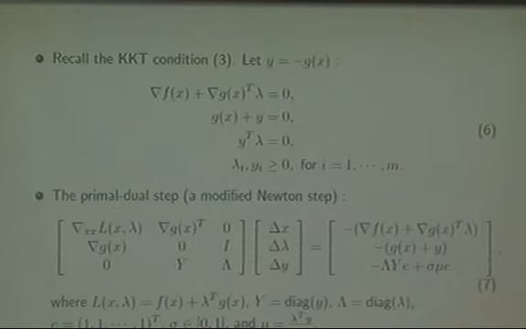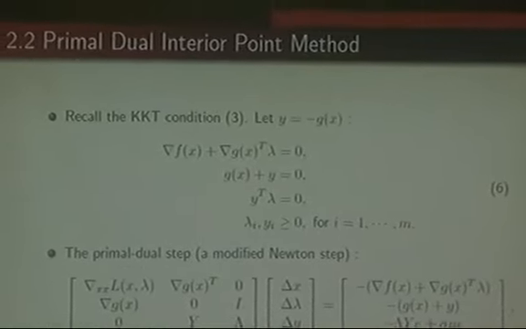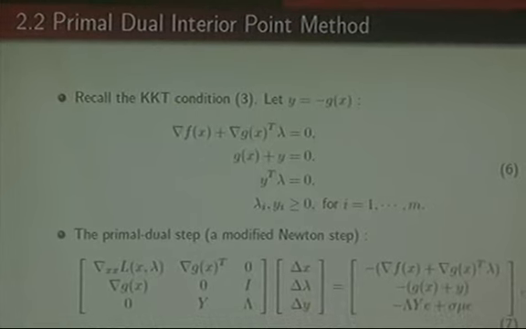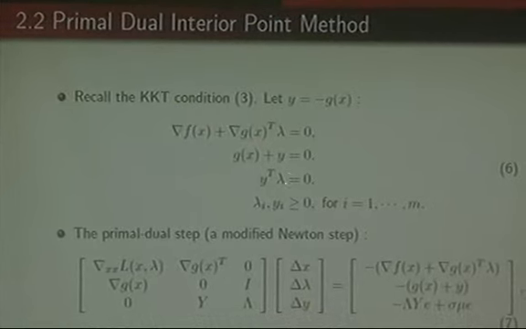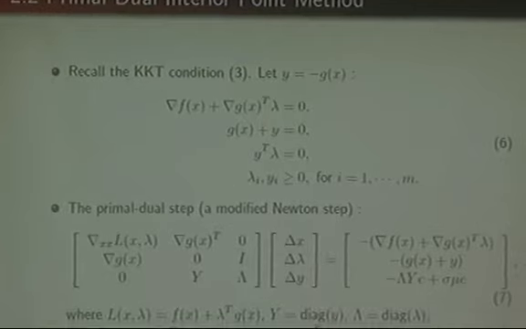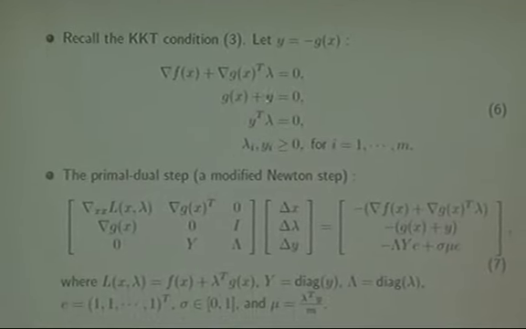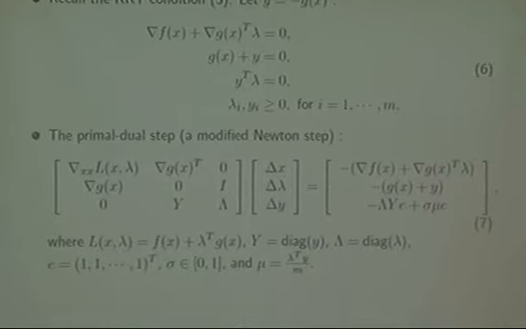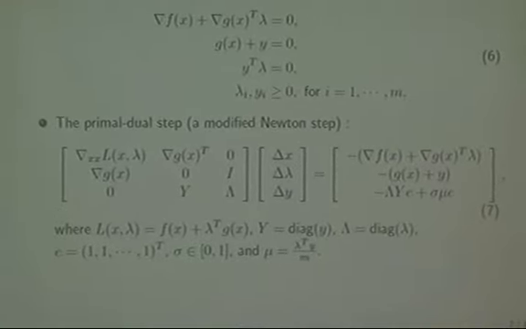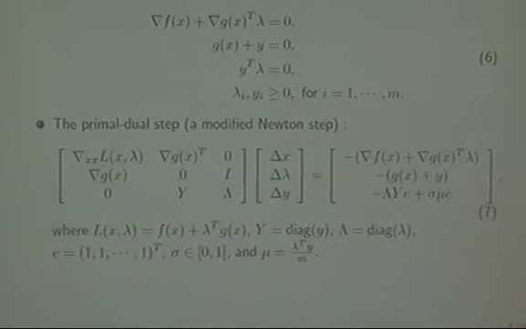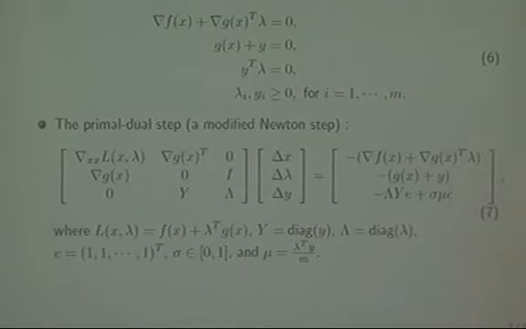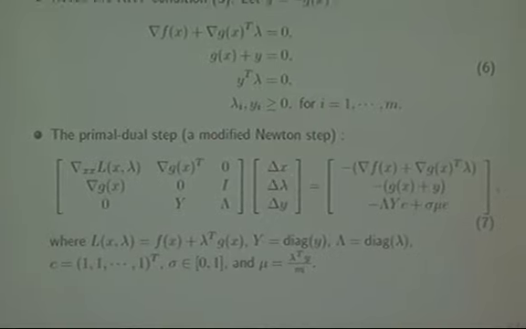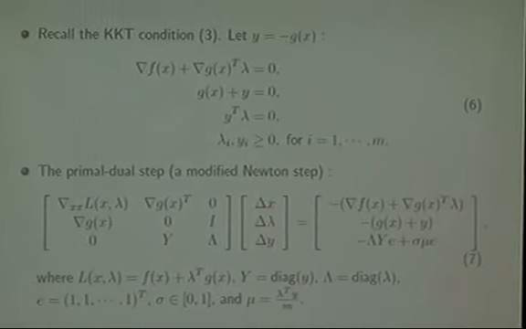And the other popular method is the primal-dual interior point method. So we introduce the dual variables. We introduce dual variable y, and we use Newton's method. So it generates really large systems, because if A is n by n, then this is n, this is 2n, this is 2n, this is n.